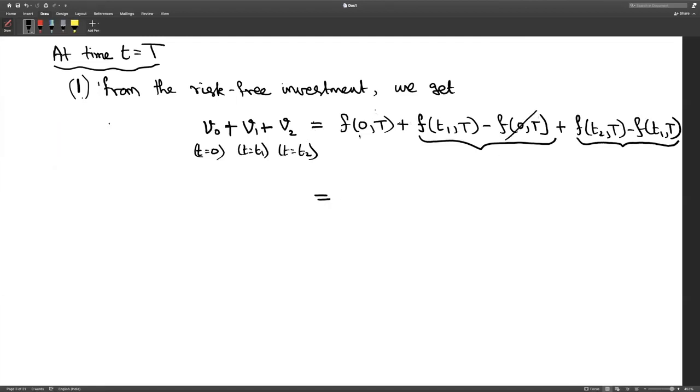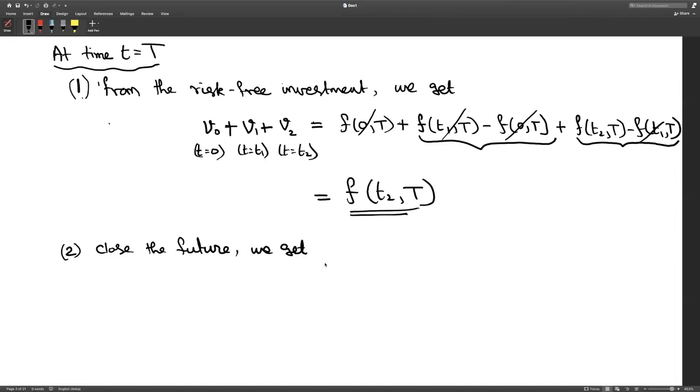Okay, so this is what we are going to get from the risk-free investment, and you can see this gets cancelled and this gets cancelled, and you have F(t2, T). So this is what we get from the risk-free investment, and when you close the future, what we get is the final marking to market payment. Remember, at the final time, we are holding one full unit.